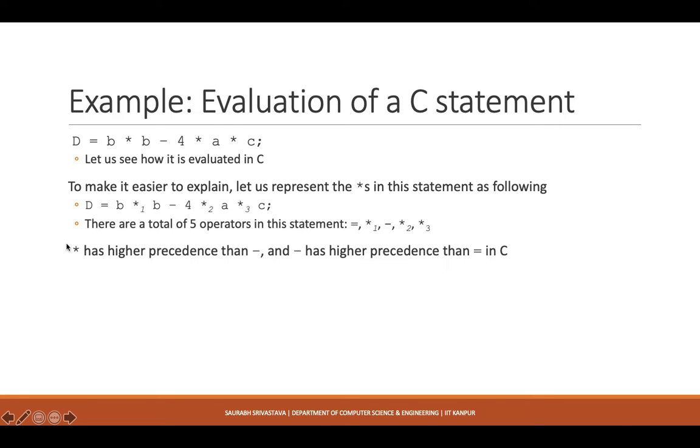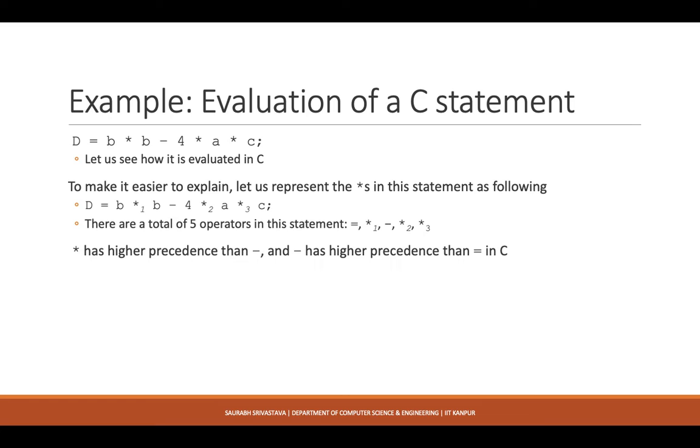Now what you have to understand is that the asterisk, or star, has higher precedence than the minus. This is similar to arithmetic, where subtraction happens after multiplication has already happened. But unlike arithmetic, it's not like division has a higher precedence than multiplication.